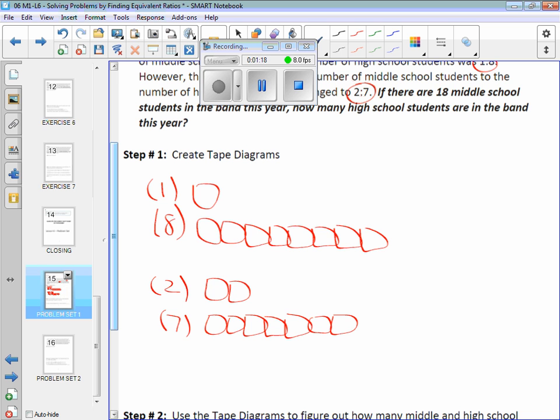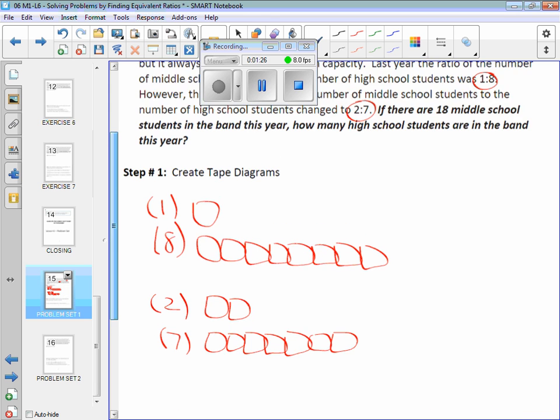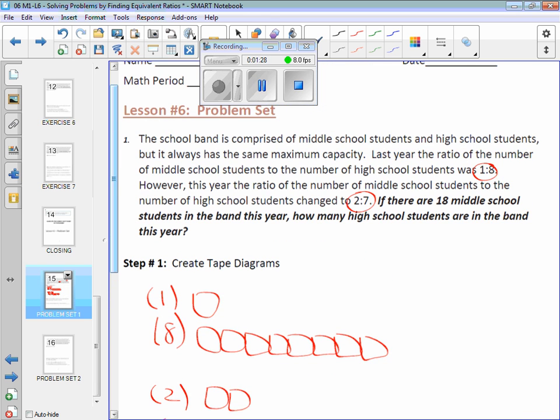Okay, next. What am I comparing? 1-to-8 what? Look back in the word problem and what is my comparison? I need to put a label on each set. Right. Where do I find it? It's in the word problem.